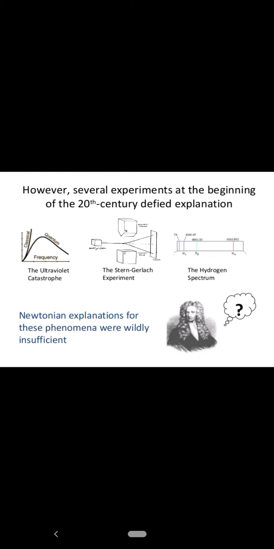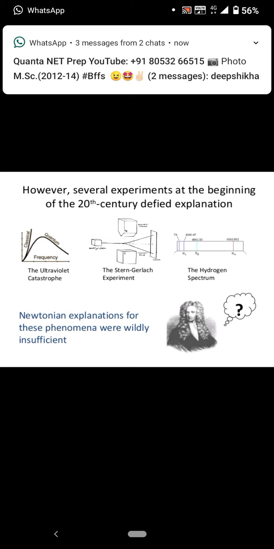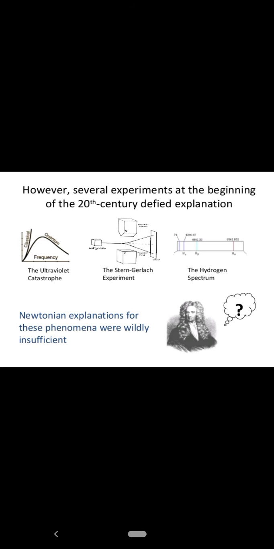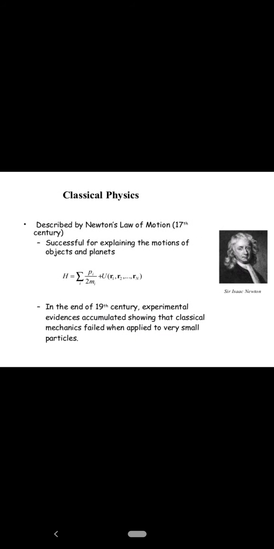However, there were several experiments at the beginning of the 20th century which needed an explanation, like the ultraviolet catastrophe, the Stern-Gerlach experiment, and the hydrogen spectra. Classical mechanics' explanations of these were not sufficient.